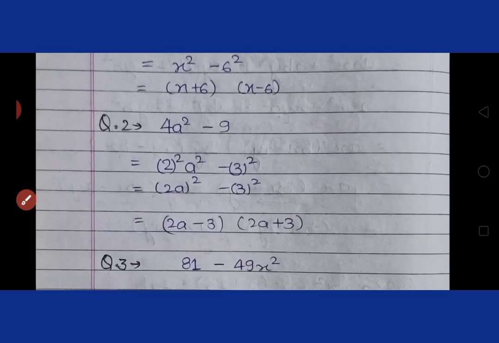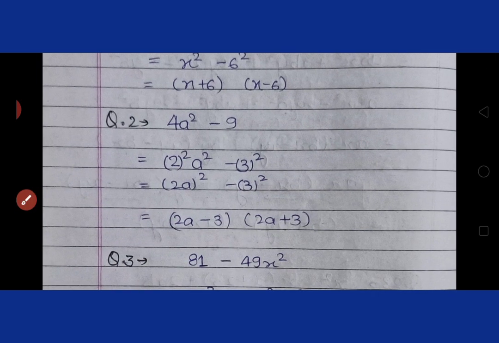Now in the second question, the same type of question is here, 4a square minus 9. As you know, 4 is the square of 2 and a is given as a square, so I have written here 2 square and a square, and minus 9 is the square of 3. Whenever the power is the same, the numbers can come together during the multiplication.